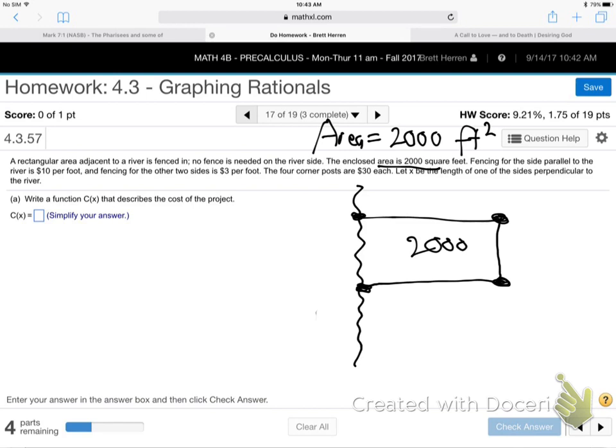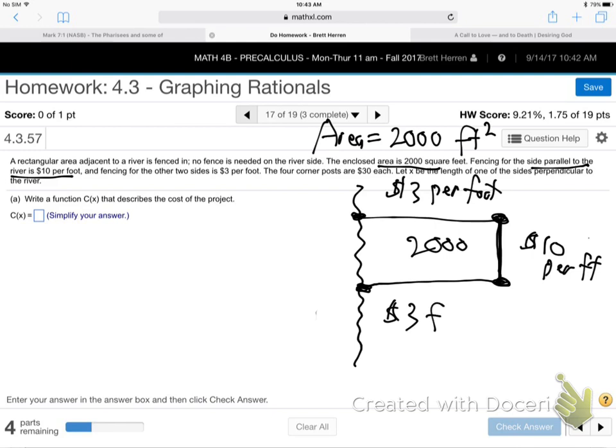The fencing that is parallel to the river is $10 a foot. What's that? That's this right here. This stuff is $10 per foot. This line is parallel to the river, right? Fencing on the other side is $3 per foot. This down here also $3 per foot.